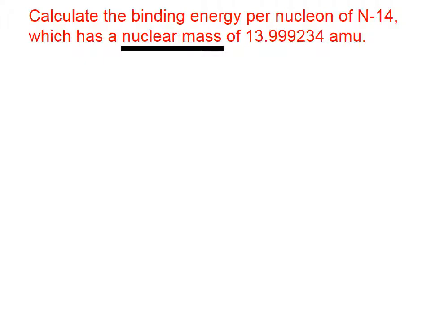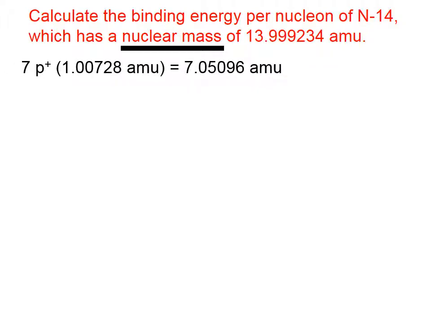In other words, in the mnemonic that I use, when the nucleons are separate, they're heavier, and when they're tighter, lighter, that 13.9 whatever number is the tighter, lighter number. So I think what we need to do is determine the separate, heavier number.